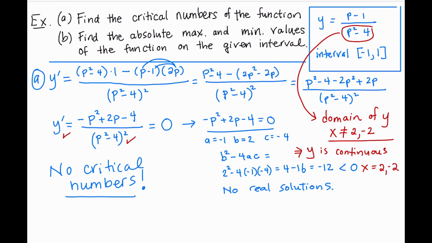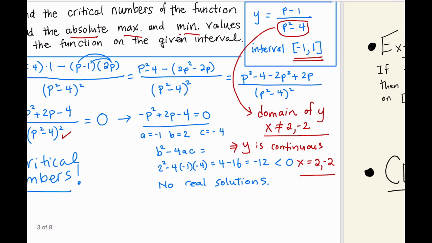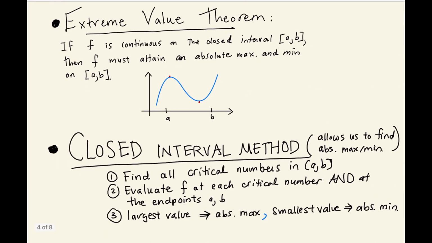It's a rational function, so it's continuous on its domain. That means that y is continuous on the interval [-1, 1]. The nice thing about that is that we can apply the extreme value theorem. Recall that if the function is continuous on the closed interval, we are guaranteed that this function will attain the absolute maximum and minimum values.